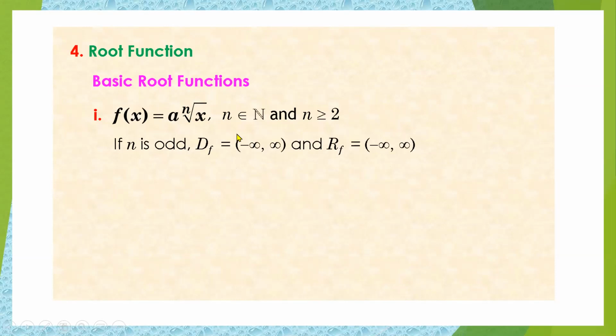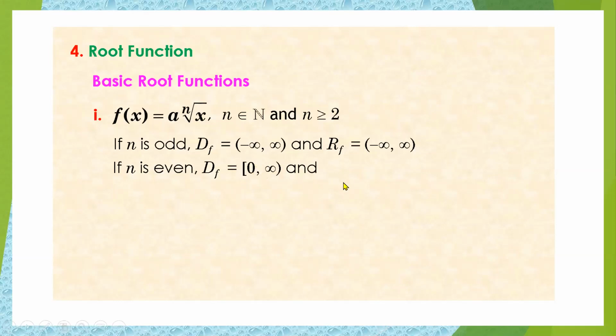You just memorize if you do not know how to analyze it from the nature of the function. If n is odd, cube root, fifth root, seventh root. If n is even, square root, fourth root, sixth root, the domain is non-negative numbers.